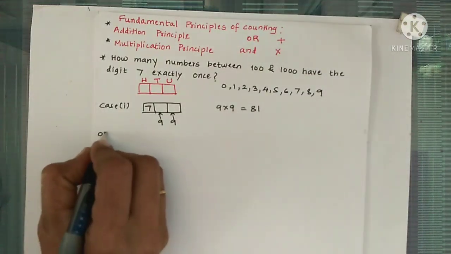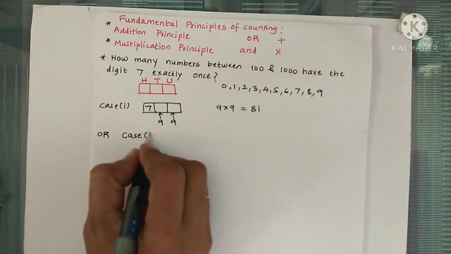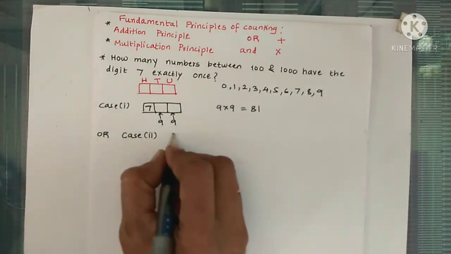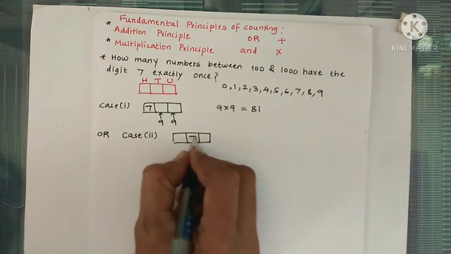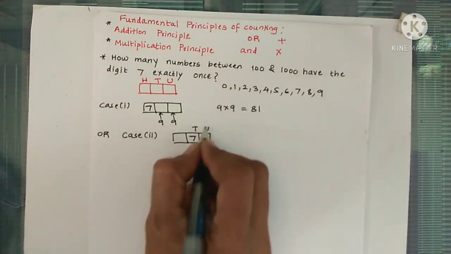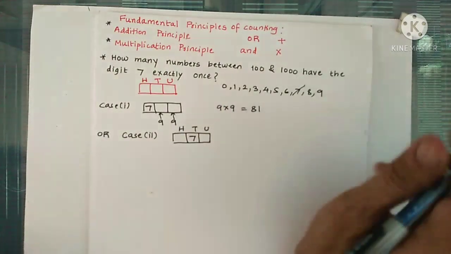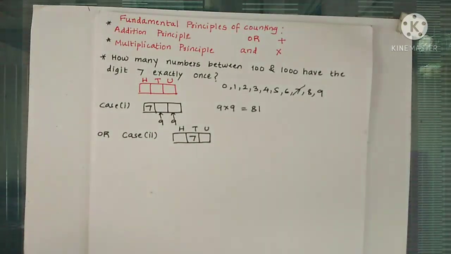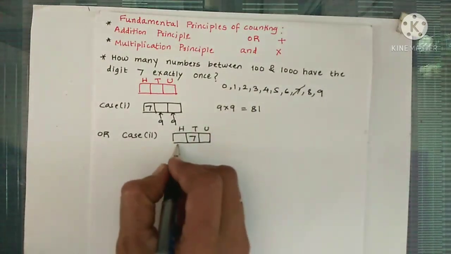Now the second case. Okay, second case is now 7 is in tens place. Now we have used 7 already, so we can't use 7 now. So we have 9 digits left, but in those remaining 9 digits we have 0, and we cannot use 0 for first place.